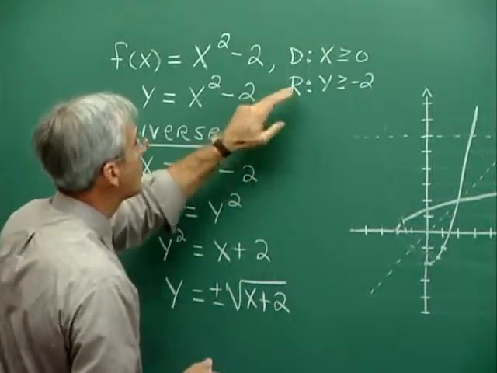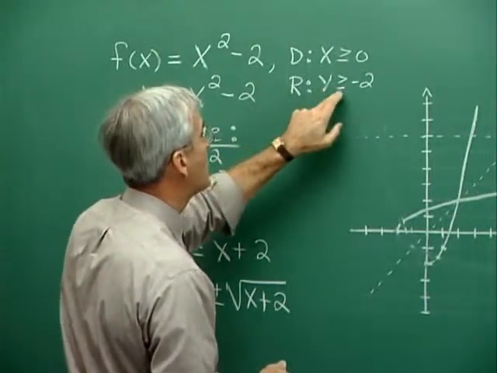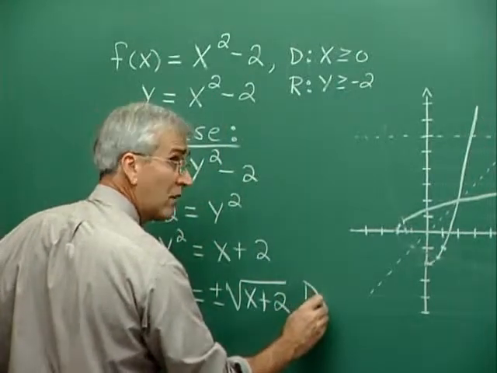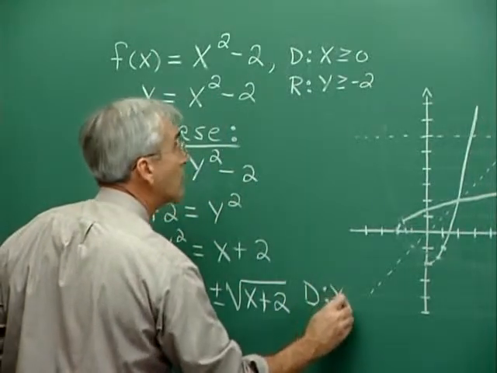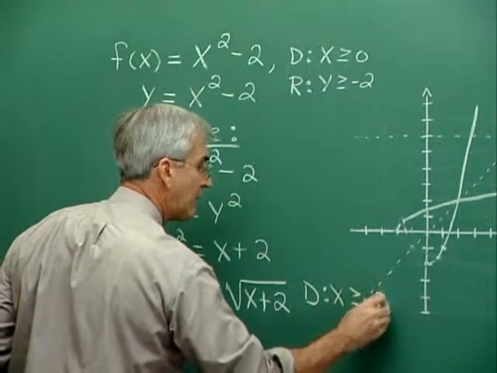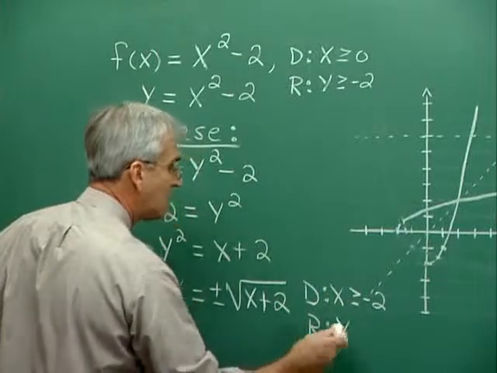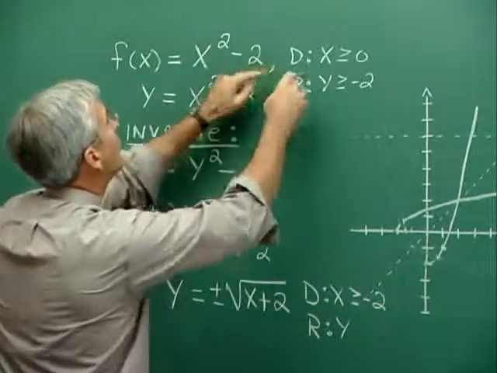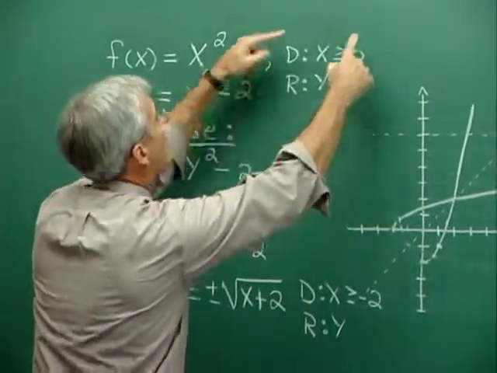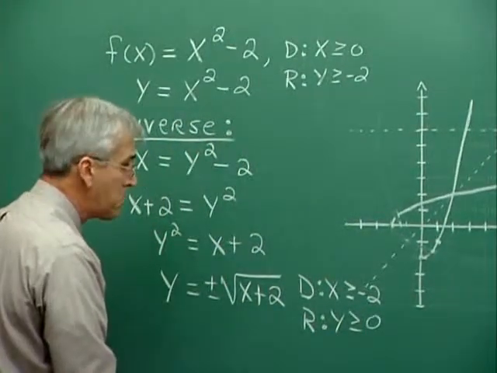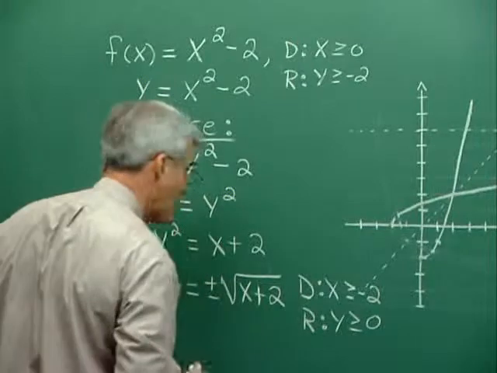The range of the function is y values greater than or equal to -2. So that means that the domain down here will need to be x values that are greater than or equal to -2. And the range down here will be y values that are, well, let's see, the domain x is greater than or equal to 0, so y would be greater than or equal to 0 down here for the inverse.